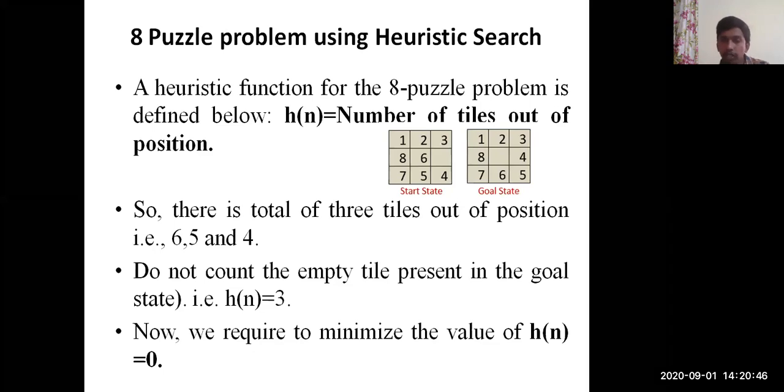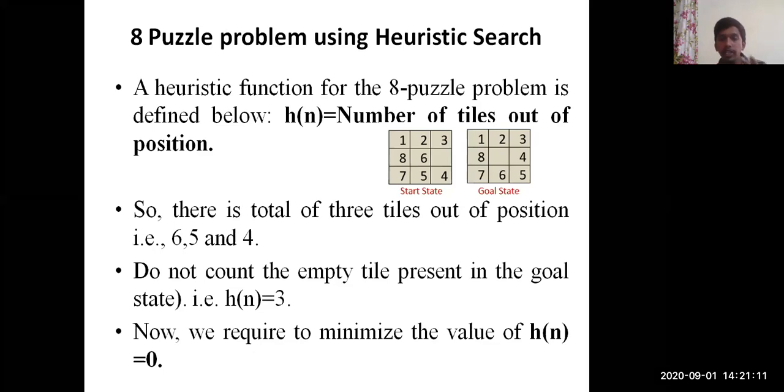So 5 is not in the exact position. Like this we need to check how many tiles are not in the proper position. Comparing these two grids, there is a total of 3 tiles out of position. The 3 tiles are 6, 5 and 4. These 3 numbers are not arranged properly.